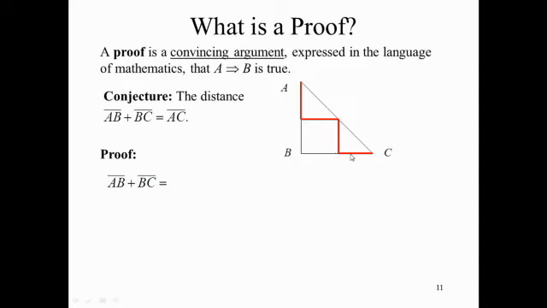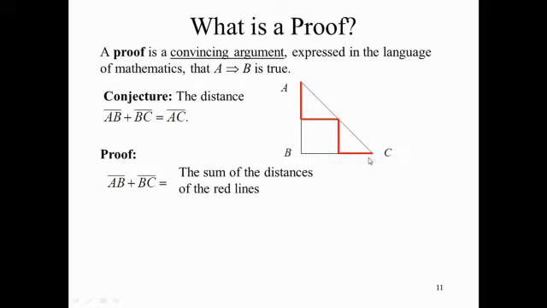The distance from B to C is this red line plus this red line. In other words, the distance from A to B plus B to C is the sum of the distances of those four red lines. Everybody okay with that? Any questions on that? I hope that's okay.